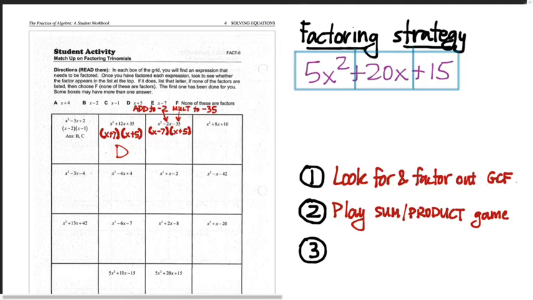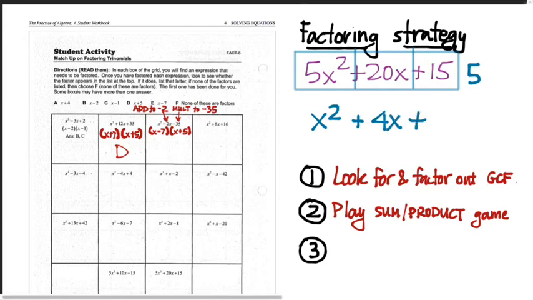And then we decided what we wanted to do was factor a 5 out of all these terms. And if I factor a 5 out of a 5x squared, I'm going to be left with just x squared. If I factor a 5 out of 20x, what's my cofactor there? 4x.